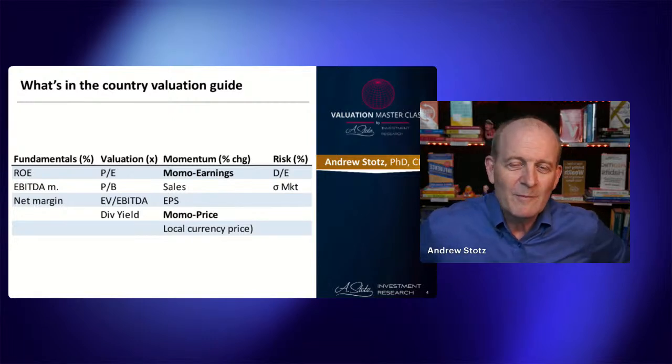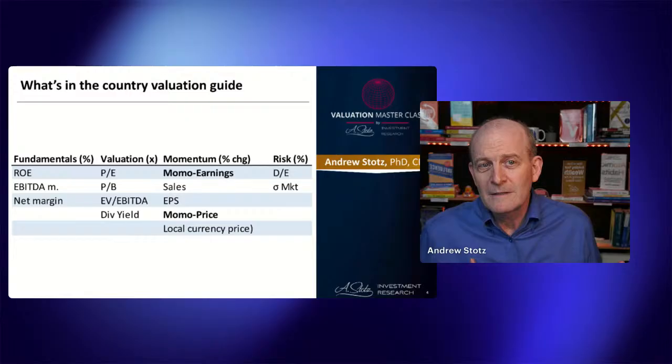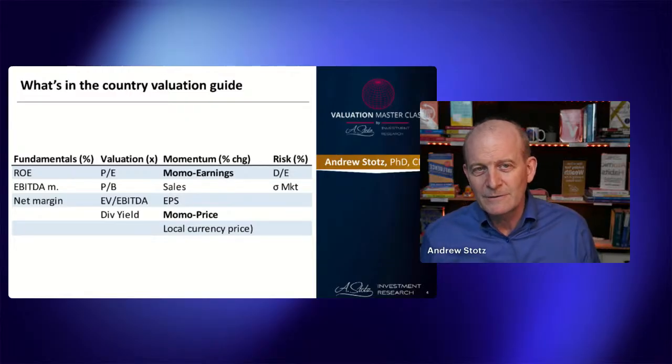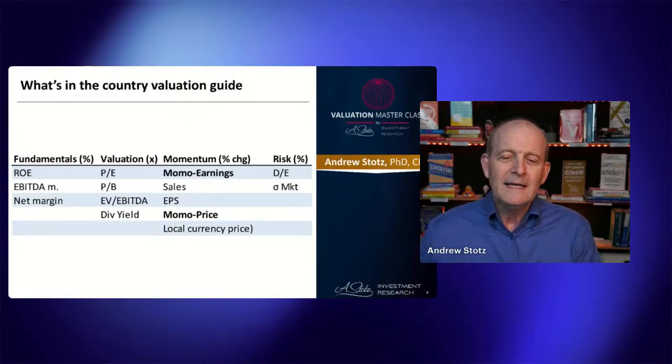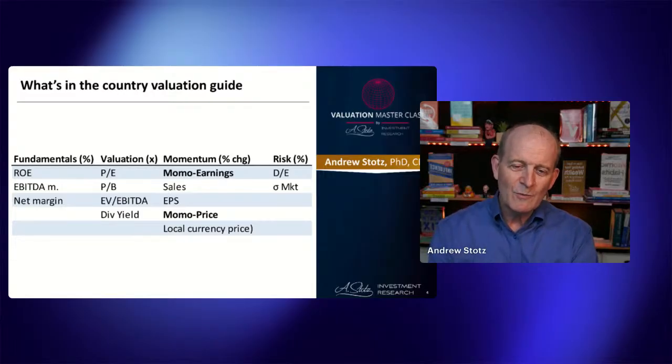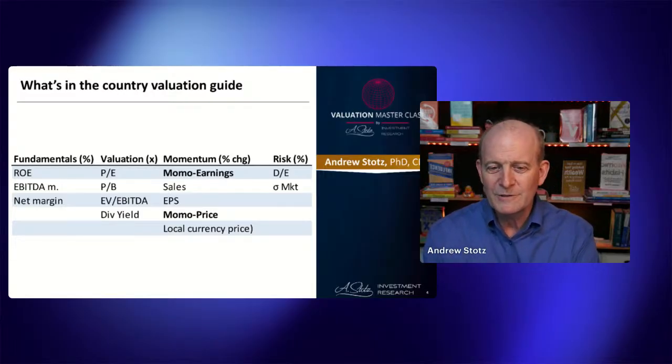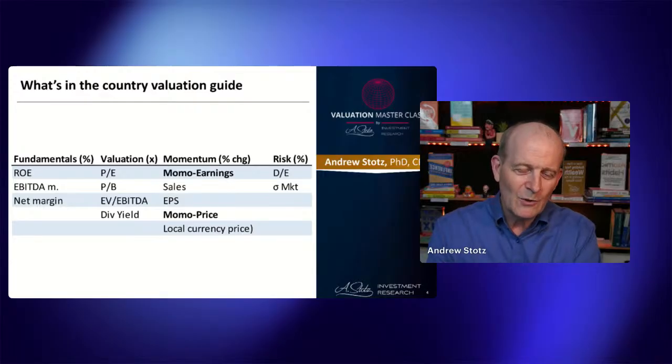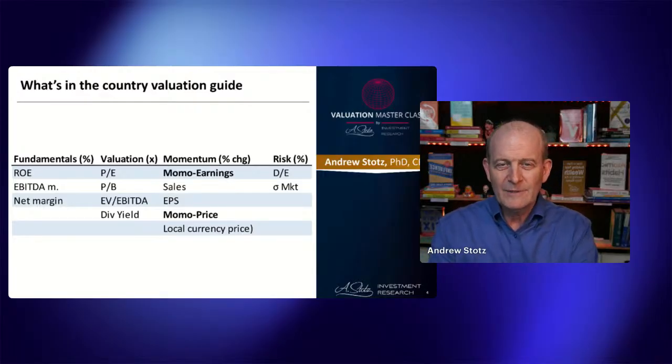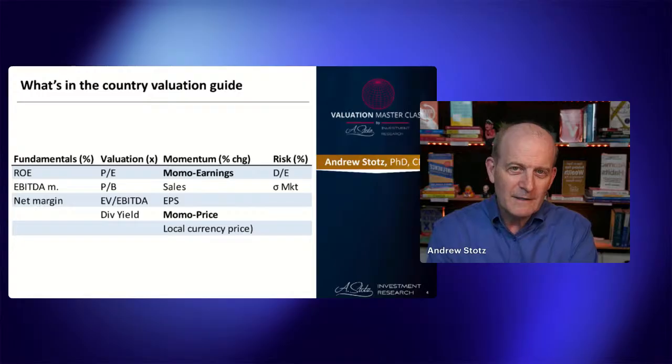Now let's talk about momentum. I'm concerned about momentum that's fundamentally related, which is sales and EPS. And I'm also concerned about the momentum related to price, which is, I always look at local currency price when I look at these numbers. And then finally, risk.